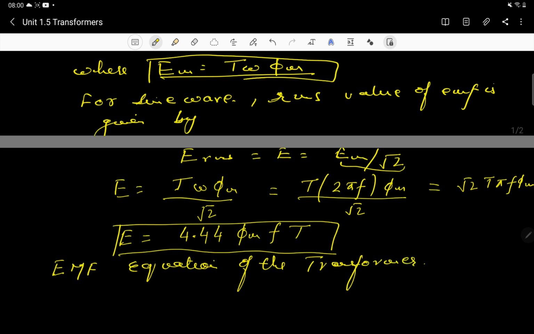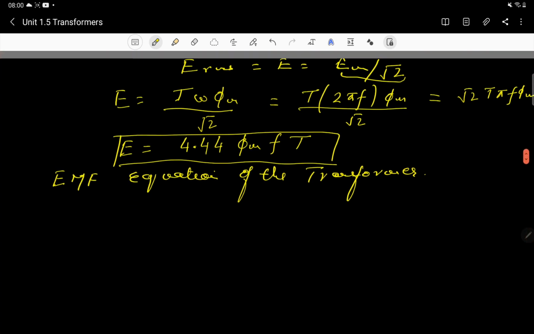All right, now one more thing. Since we all know that the number of turns on the primary side is T1 and the number of turns on the secondary side is T2, the EMF on the primary side, denoted by E1, is equal to 4.44 phi m f T1.